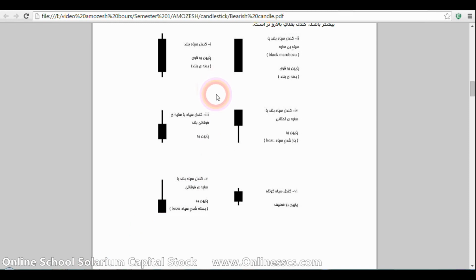For example, when our candles start working upwards, and when this is on the top, my trend is bearish, and it is a downtrend.